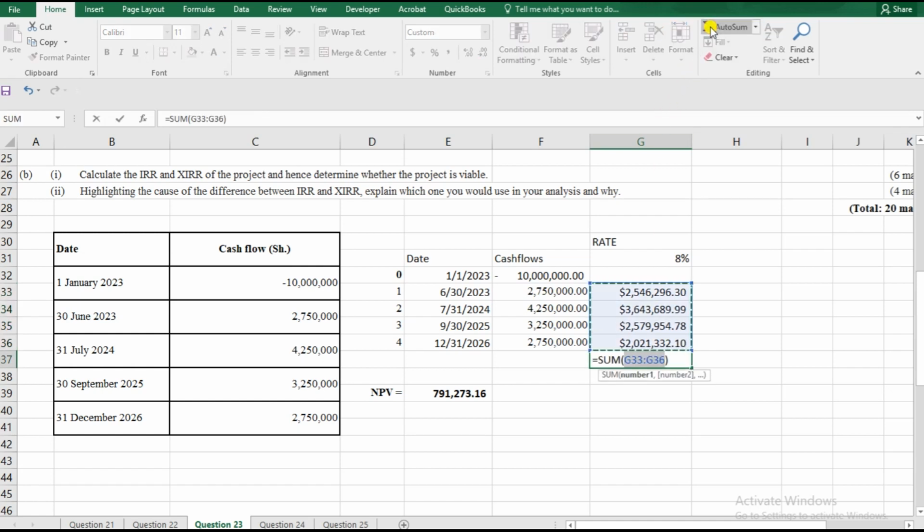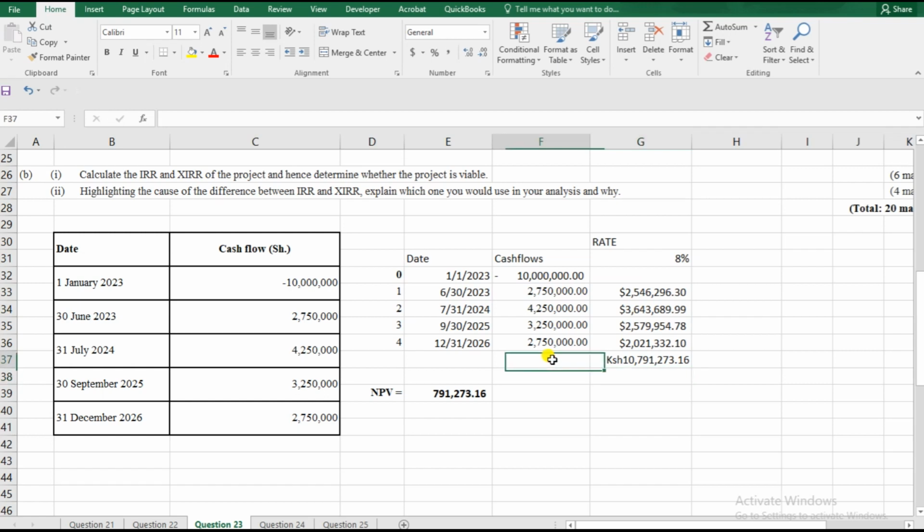So at the end of the day, my total present values, I should be having this. Remember, there are so many ways that you can work it out. My total present value, then our initial outlay. Initial outlay is how much? 10 million, right? This is a cost of investment, 10 million.